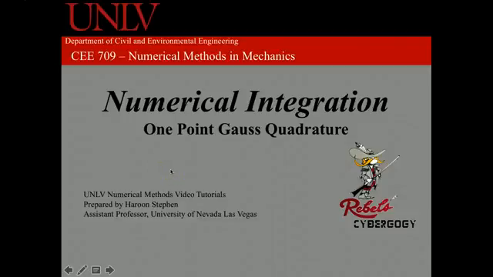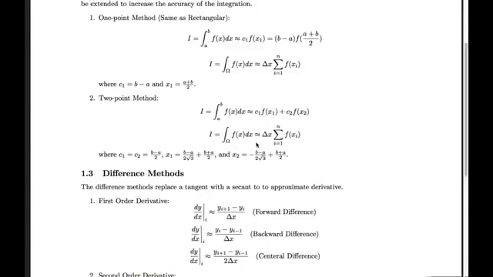This tutorial is about numerical integration using one-point Gauss quadrature. The difference between Gauss quadrature methods and Newton-Cotes methods is that in case of Gauss quadrature, we don't fix the endpoints of the interval, and they're flexible.